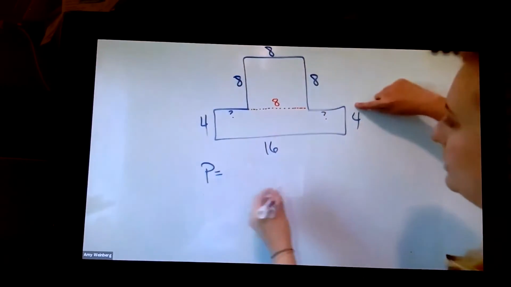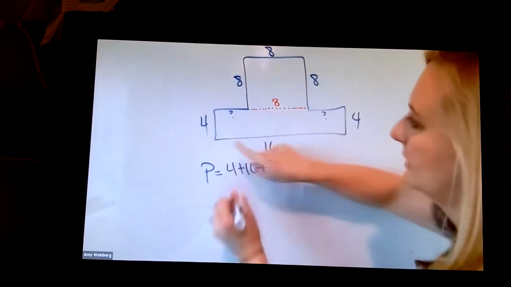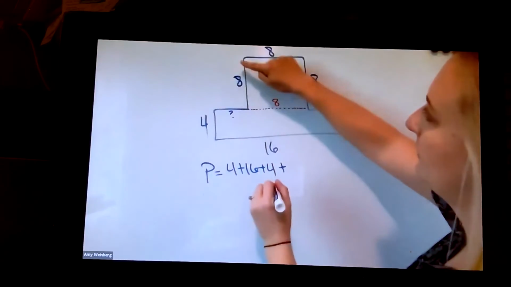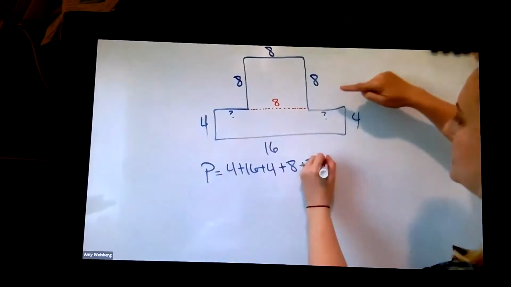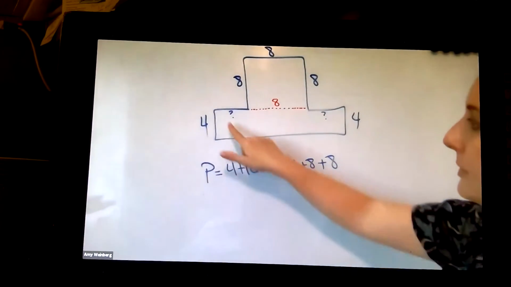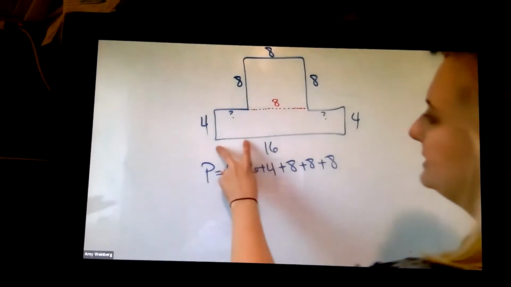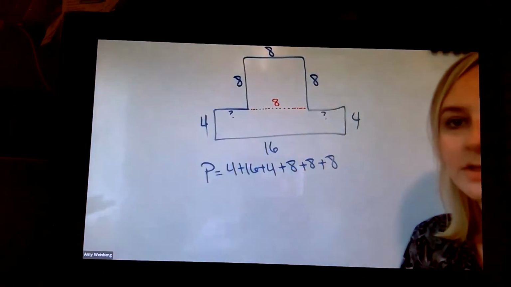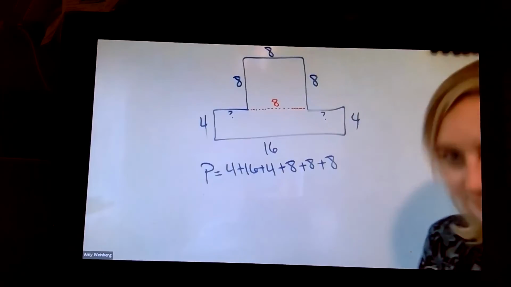So I'm going to start over here at this 4. So I have 4, I have 16, I have 4, I have a question mark, I don't know, I'm going to leave it. I have 8, I have 8, I have 8, and then I've got my other question mark. So I've gotten to this point where I've got these 2 question marks, but there's nothing down here that's going to tell me what they are, right?